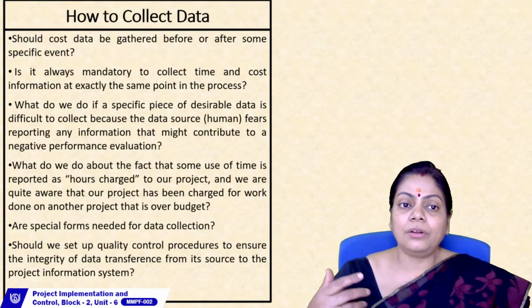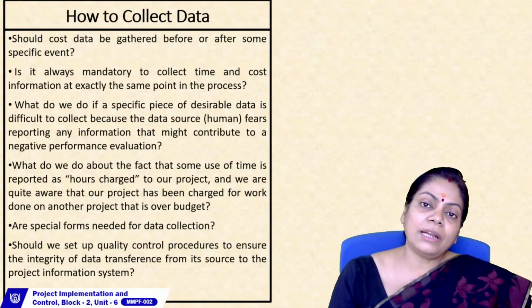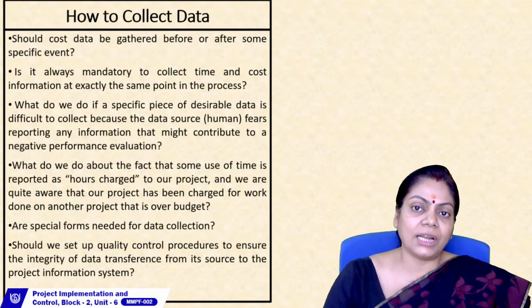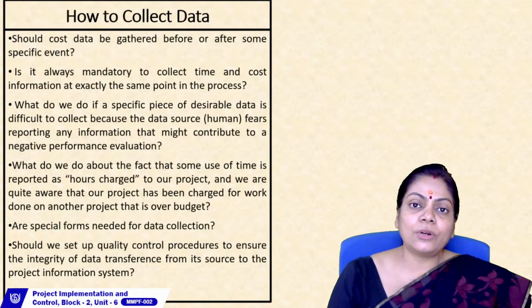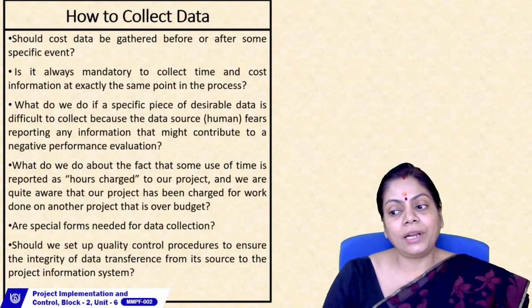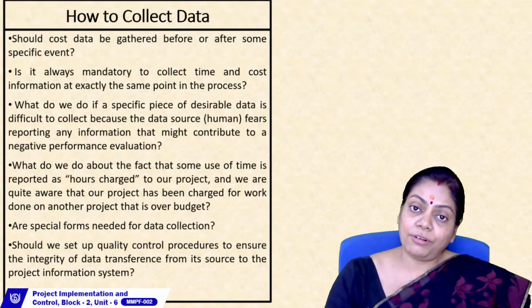Now, how much has been spent on that particular issue, whether you are going to collect it before that event or after that event, that you have to decide. Or whether you are going to collect, let us say, when 80% of the books have been barcoded, or you will wait for all the books to be barcoded and then start gathering data about the cost. That you have to first decide.